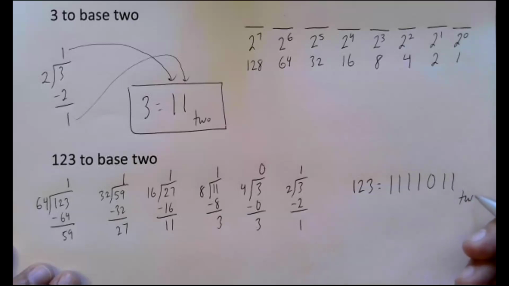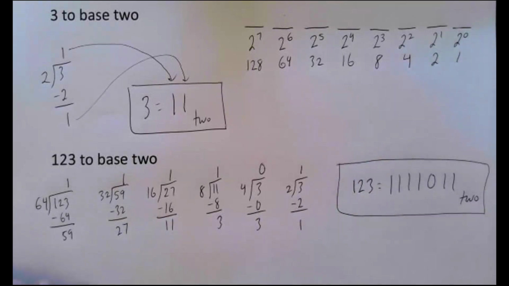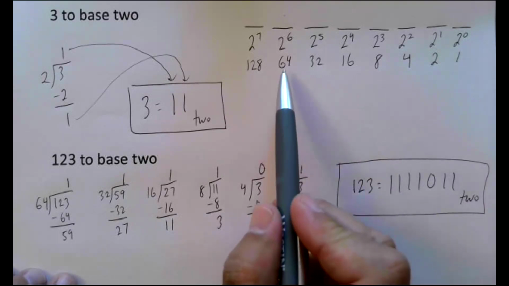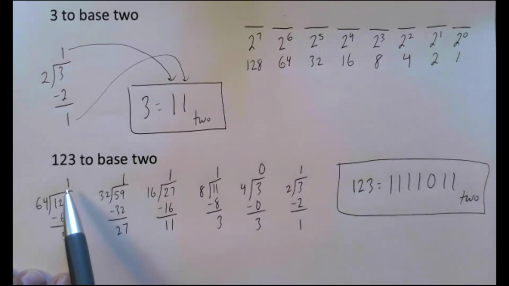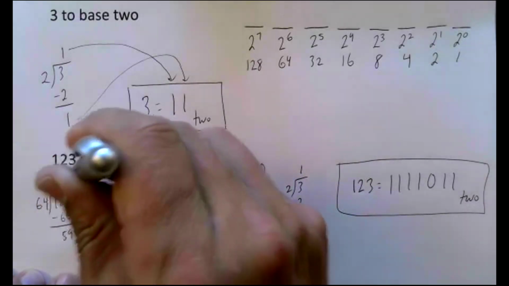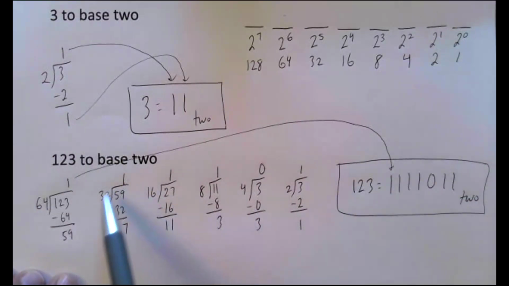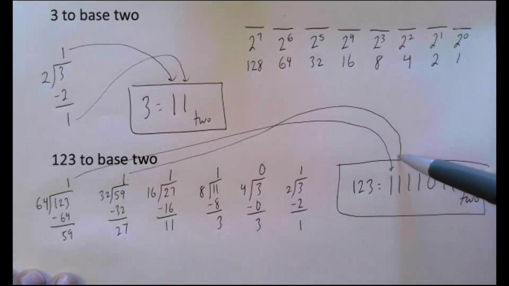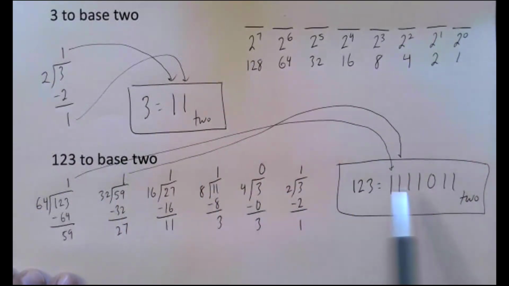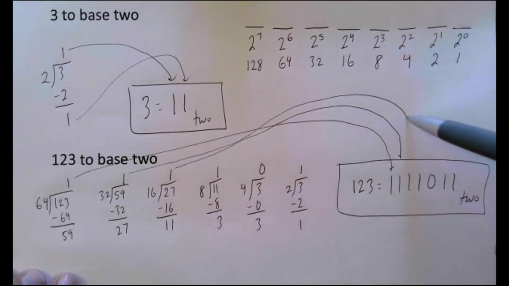1111011 in base 2. That one is here in the 64 spot. Remember, we didn't need this spot, so the 64 went in there once, so that one is here. That one is representing the fact there was one set of 32. That one is representing the fact that there was one set of 16.